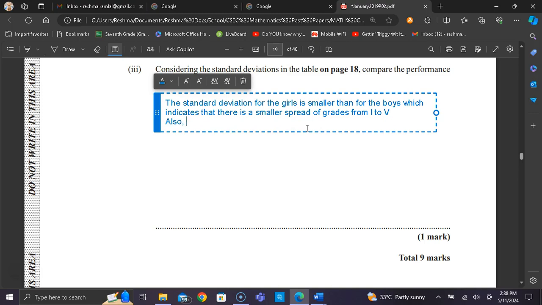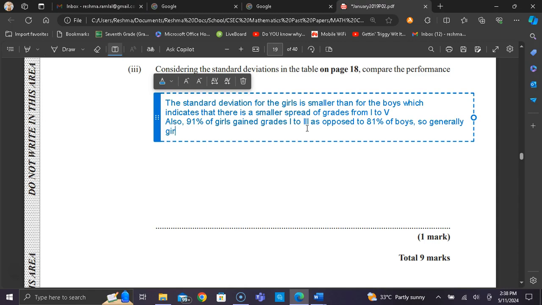Also, 91% of girls gained grades 1 to 3 as opposed to 81% of boys. So generally, girls performed better than the boys.